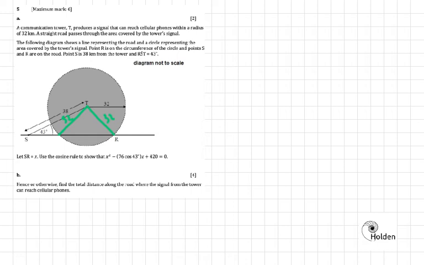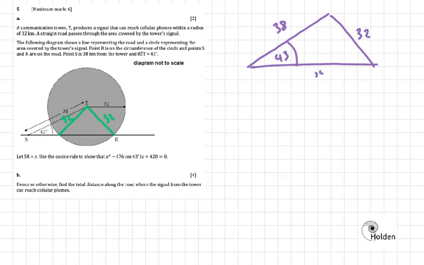What do we know? The first thing we want to look at is the big triangle. I'll just sketch it out here. We know that this is 38, this is 43, and this is 32. We know that that is X, and we know how to work that out if we so desire. What I'm interested in, though, is if I can find this angle using the sine rule.